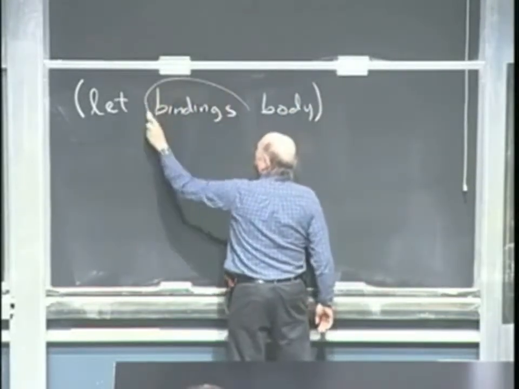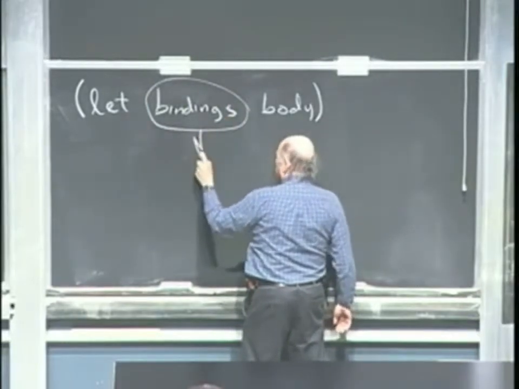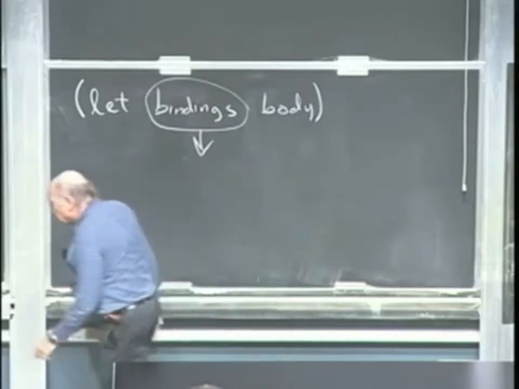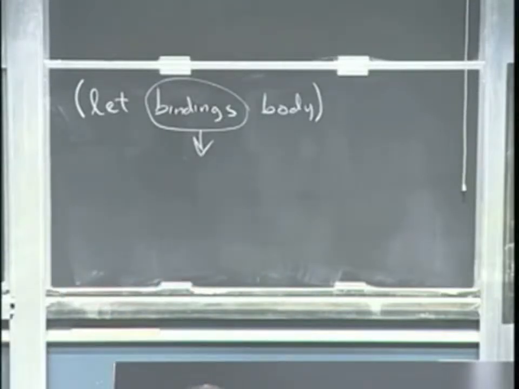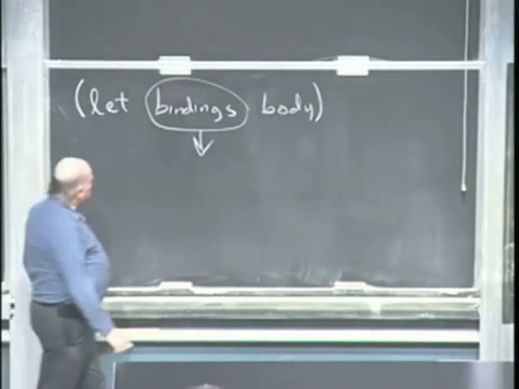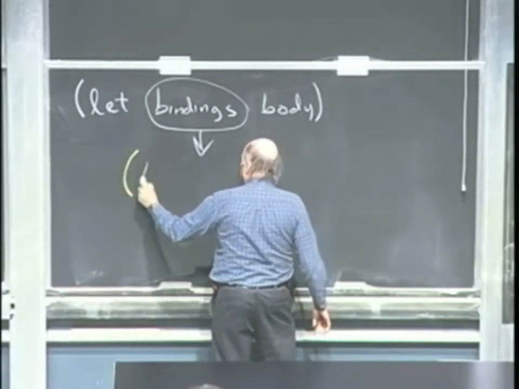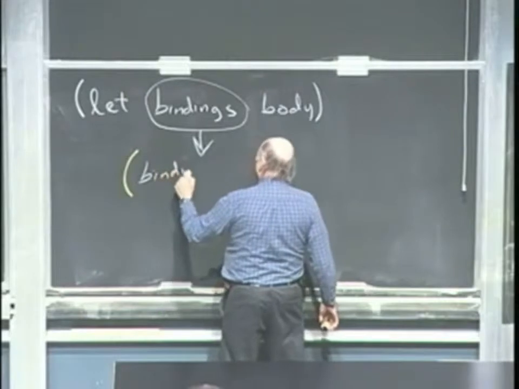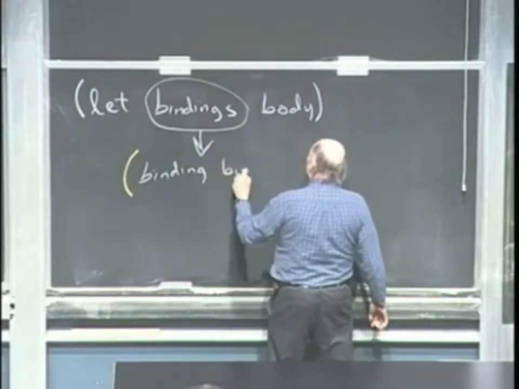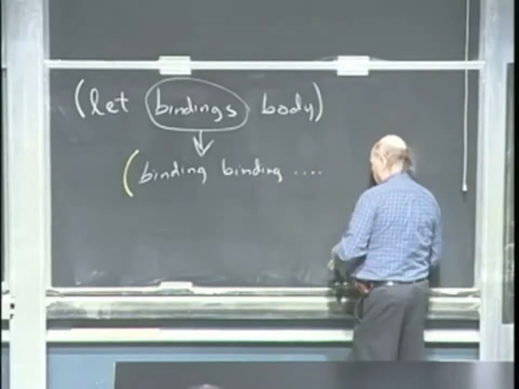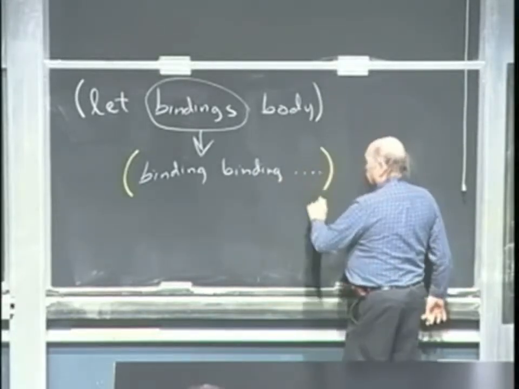Bindings is parenthesis, and then a binding, and then another binding, however many bindings you want. So that's what bindings looks like.